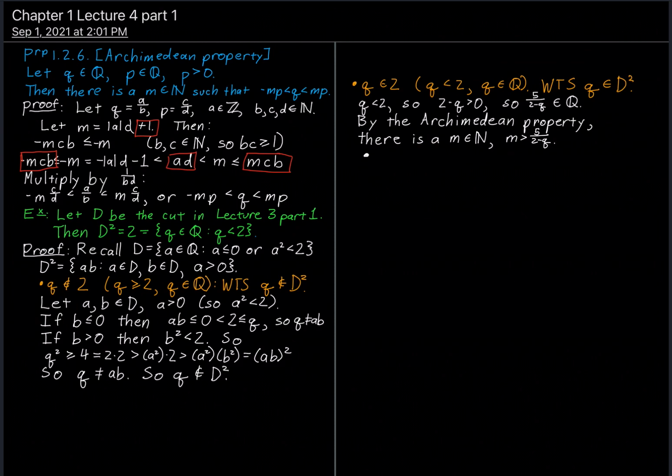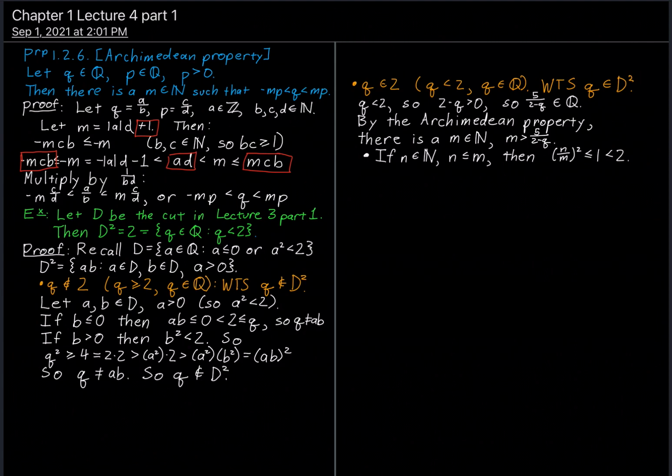And I'll point out 2 facts to you. If n is a natural number, n is less than or equal to m, then n over m squared is less than or equal to 1, is certainly less than 2.